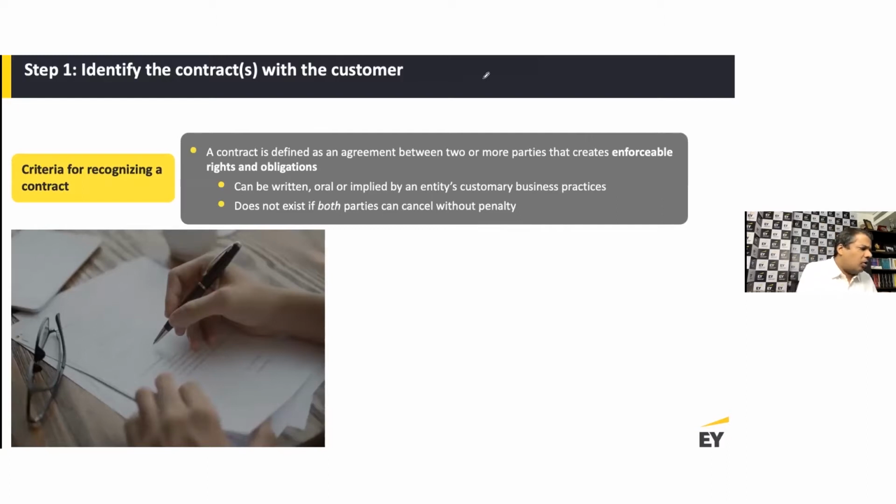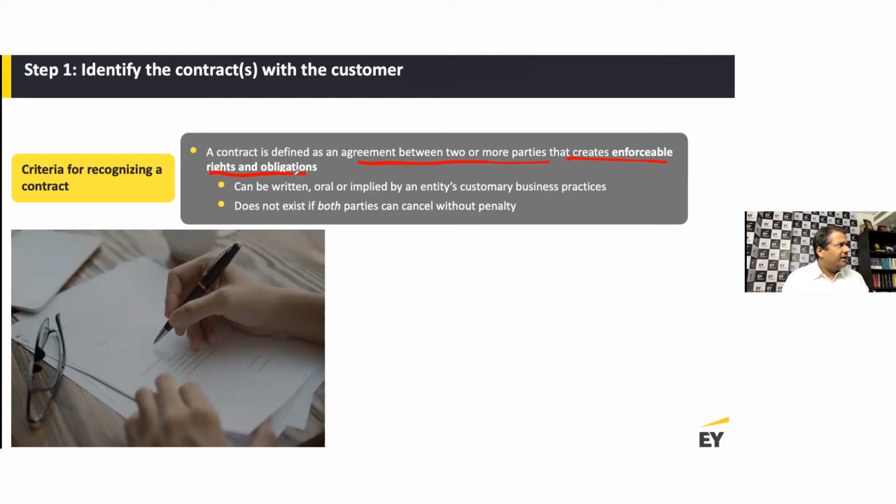A contract is defined as an agreement between two or more parties that creates enforceable rights and obligations. And enforceable means enforceable in a court of law, under the law of that particular jurisdiction. So if you are doing a contract in India, is it enforceable under Indian courts? If both parties are outside India, then in the jurisdiction in which they're operating, is it enforceable or not?